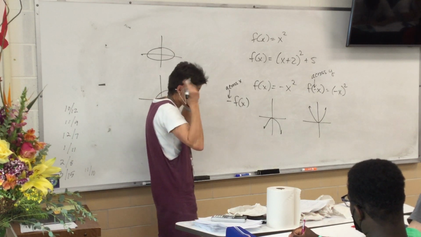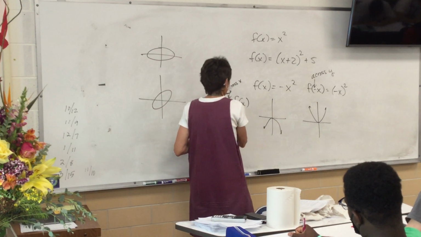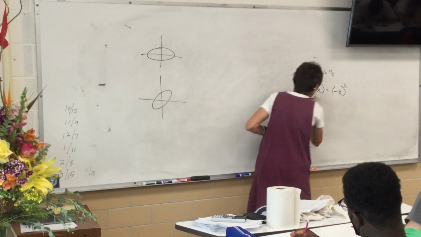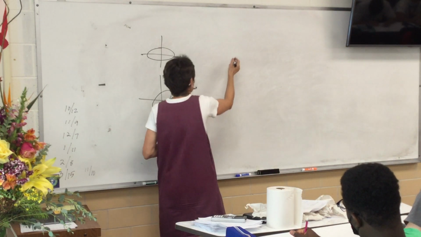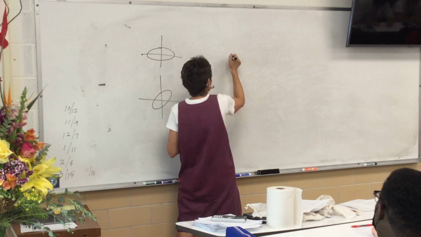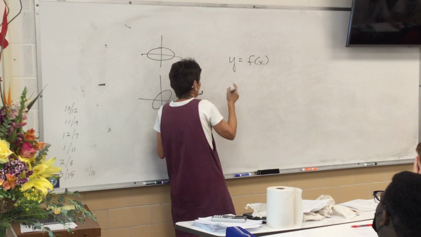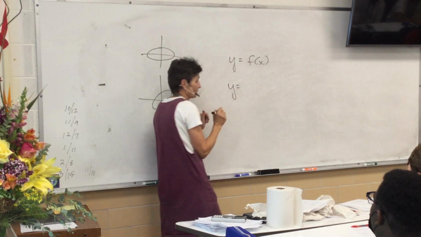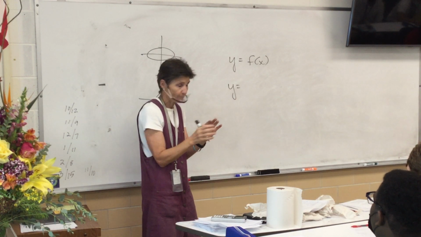And then a big one that I left off, and I have no idea why, are the stretches and the shrinks, because we can take our shapes and stretch and shrink them. If we put a coefficient or a multiplier into the problem, you're going to stretch it or shrink it one way or the other.